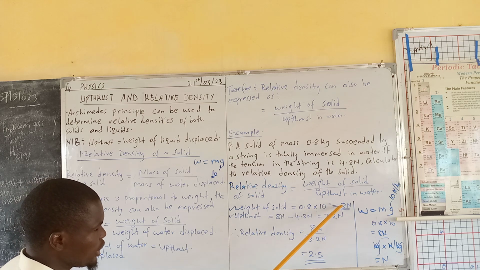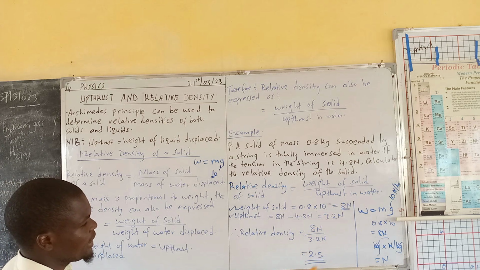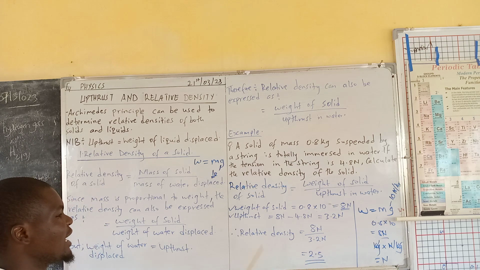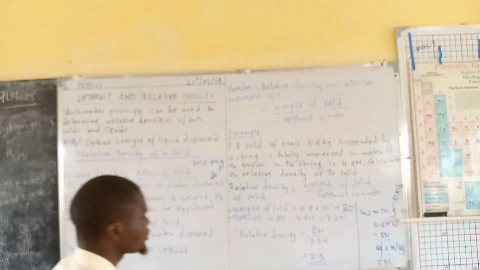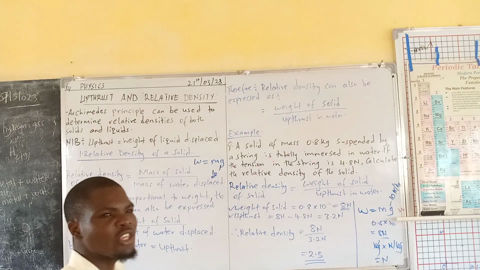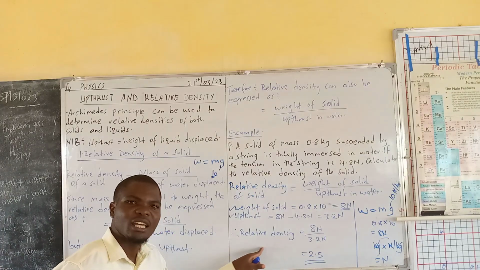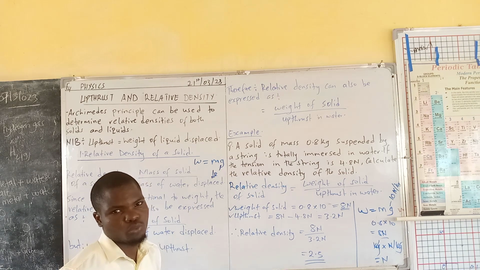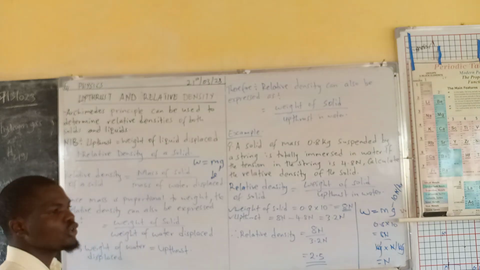So we have our weight, 8 Newton, divided by our upthrust, 3.2 Newton, and since relative density is a ratio, Newton cancels the Newton. So our final answer will be unitless. Why? Relative density is a ratio. Ratios do not have units.